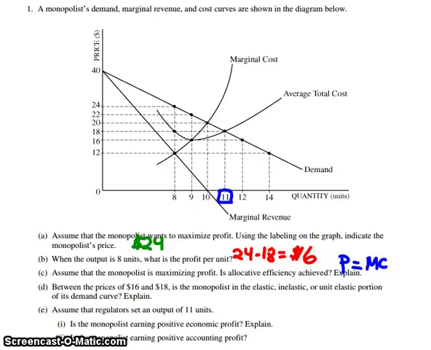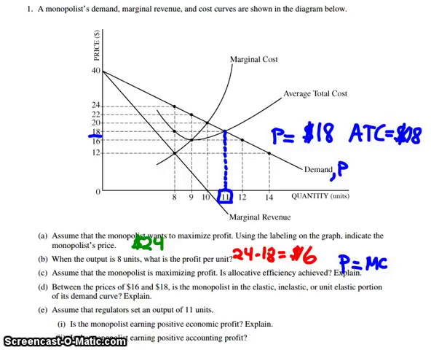Well, at 11 units, we can see that the price is equal to $18, and that the average total cost is equal to $18. So no, the firm is breaking even since price and average total cost are the same or equal at $18. And then, is the monopolist earning positive accounting profit?